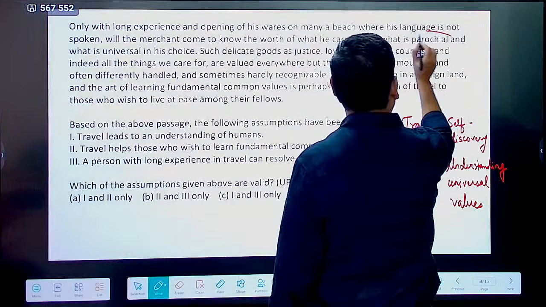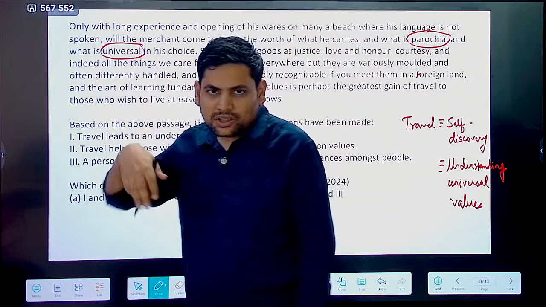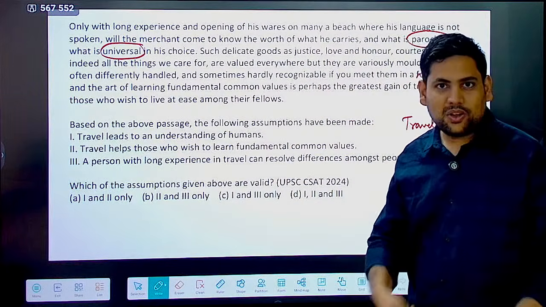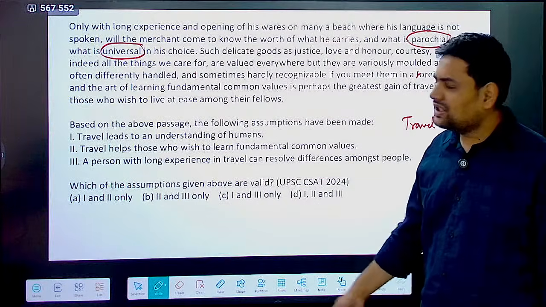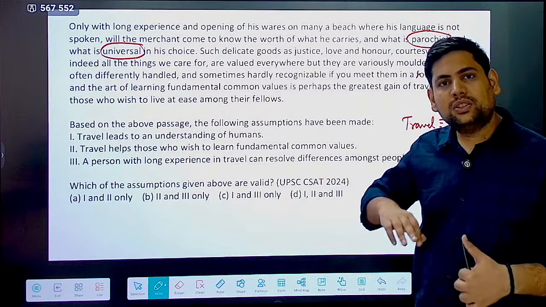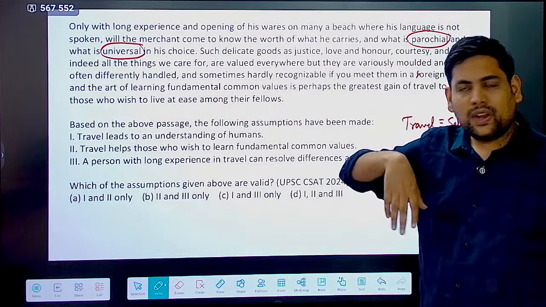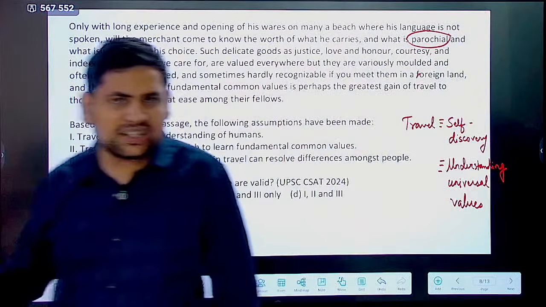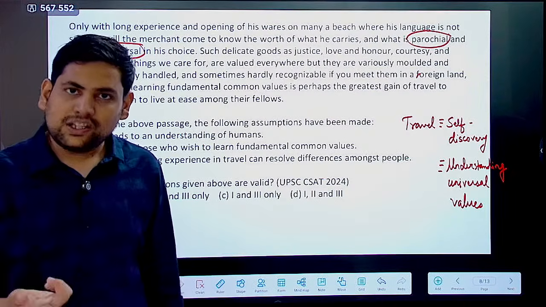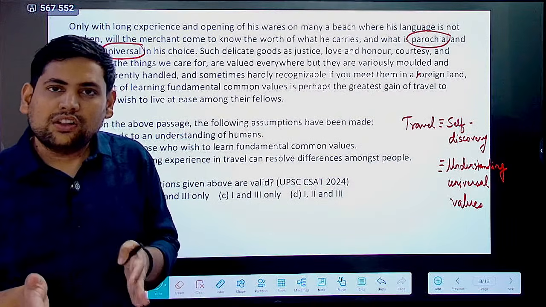Now, you need to have a little bit of understanding, or some things you must have read, like normal novels, to understand this. What he's saying is that only after a person has been to different shores, different countries around the world, does he really understand which values or qualities he has are parochial, that is, specific to where he belongs.